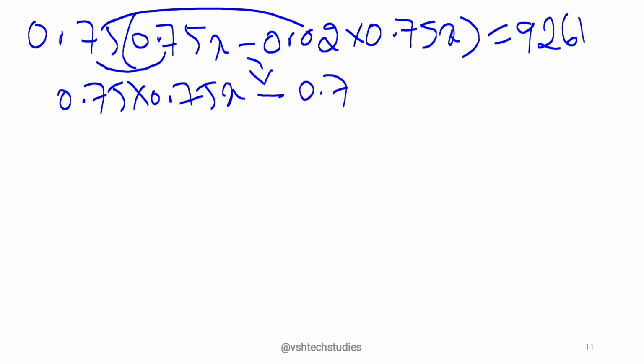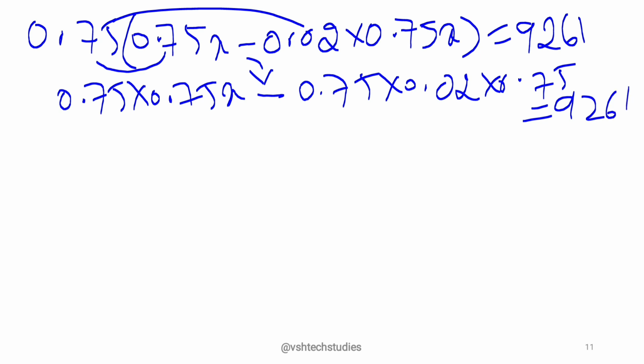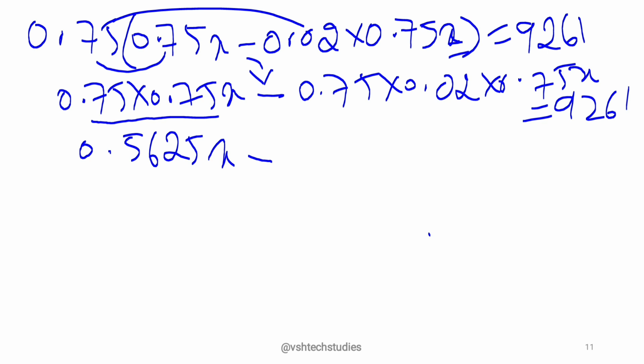So that should be calculated, that equals 9261. So 0.75 into 0.75x is 0.5625x. So minus as it is. Then 0.75 into 0.02 into 0.75, this x is here. That equals, we have to take here.